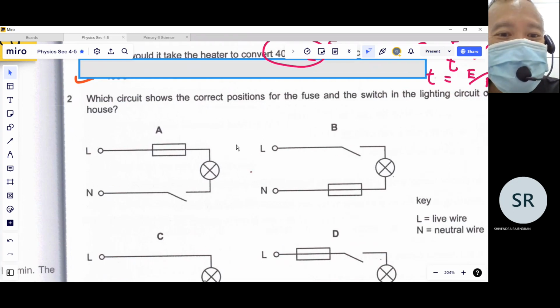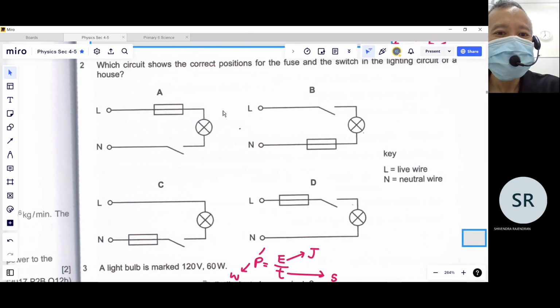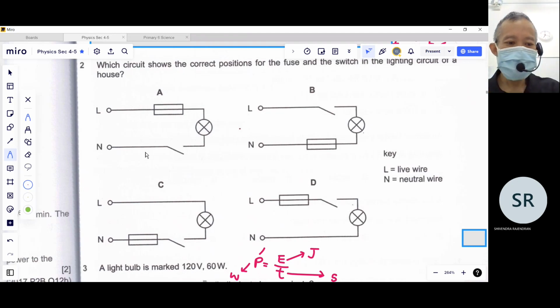What if I want to time a symmetry? That means I want to split it. What do you have? You have a switch, make sure you recognize. You have a fuse, you have live, you have neutral, and you have an appliance here.